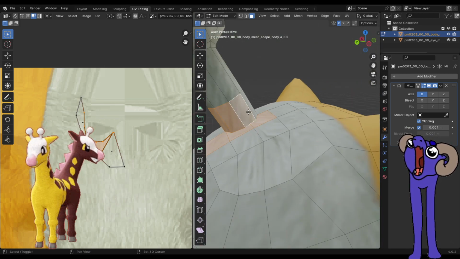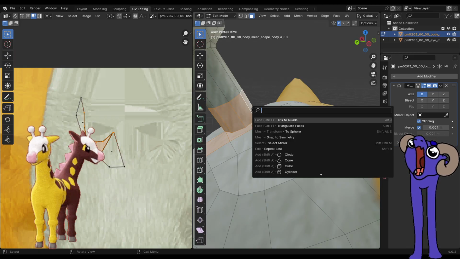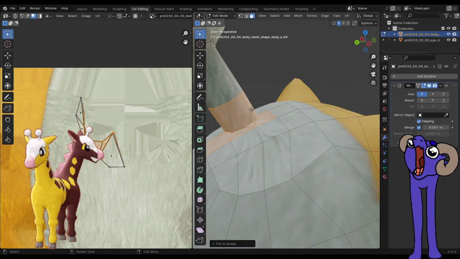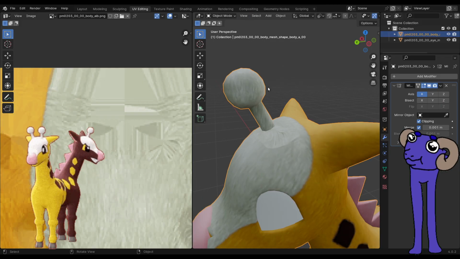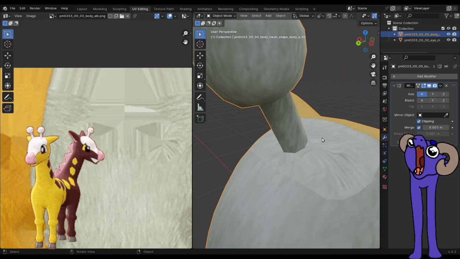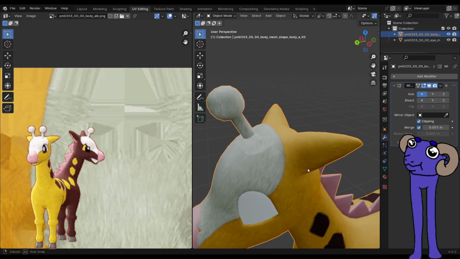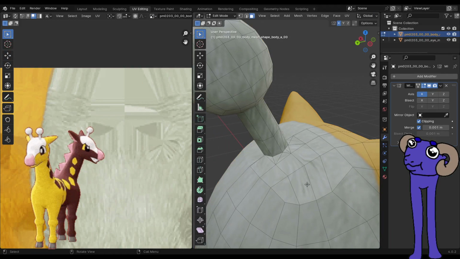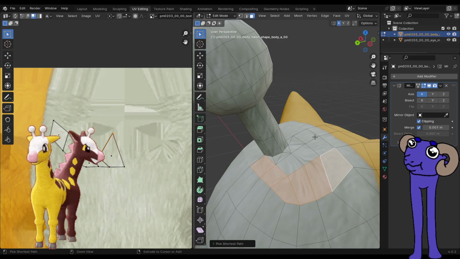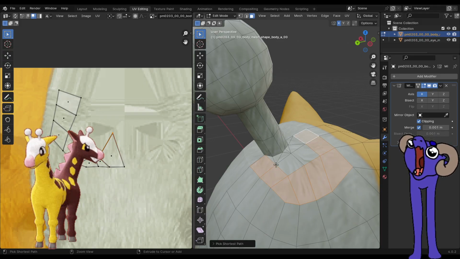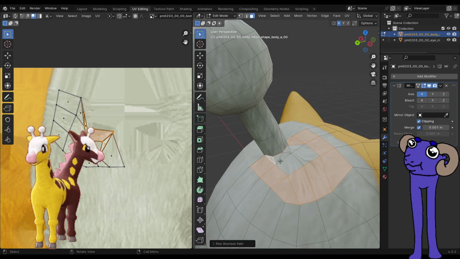triangulate these and then turn them back into quads. So triangulate the faces, then tris to quads. And the topology there is now a little bit dodgy, but it's fine. You still need to work out how to potentially fix this texture just looking a little bit weird. Oh, are there faces inside of there?